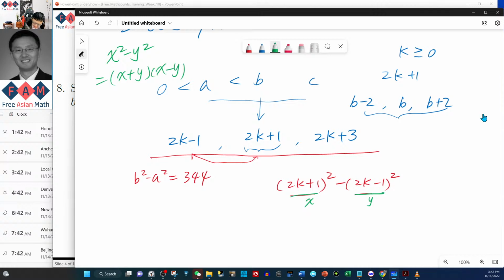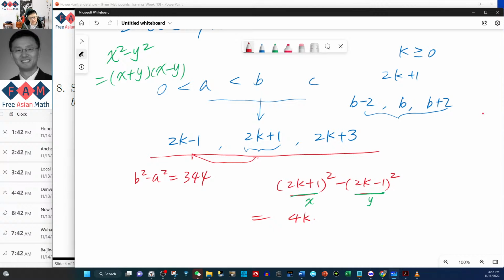So this would simply be x plus y. That's 2k plus 1 plus 2k minus 1. Plus 1 minus 1 cancel out each other. So that's simply 4k.